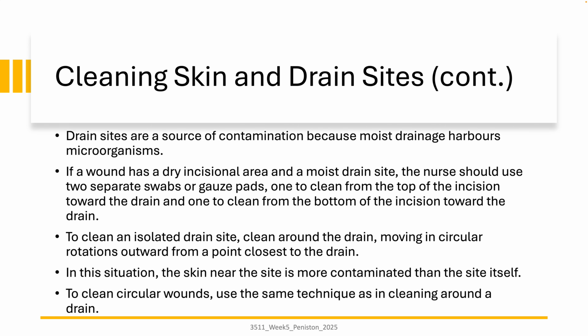Drain sites are a source of contamination because moist drainage harbors microorganisms. If a wound has a dry incisional area but a moist drain site, the nurse should use two separate swabs or gauze pads, one to clean from the top of the incision towards the drain and one to clean from the bottom of the incision towards the drain.